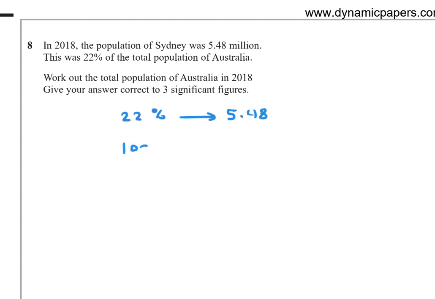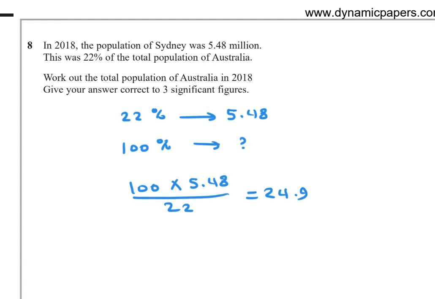So 100% represents what? So cross multiply: 100 times 5.48 divided by 22 equals 24.9 to 3 significant figures. 24.9 million.